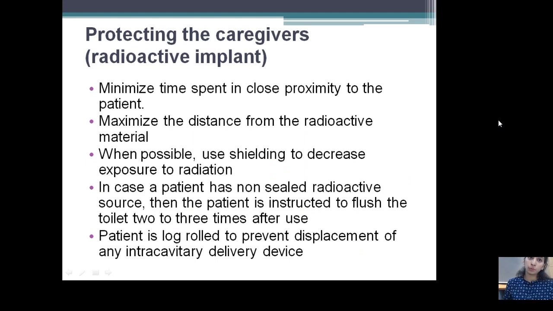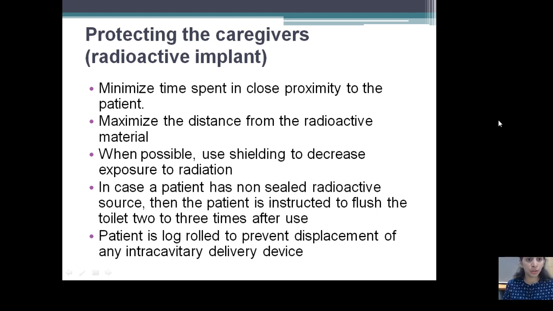Regarding radiation safety, we also have to protect the caregivers. Nowadays we are not using radioactive substances for home care, but we still need to keep this in mind. If the patient has an implanted radioactive substance, we have to educate the caregivers as well.